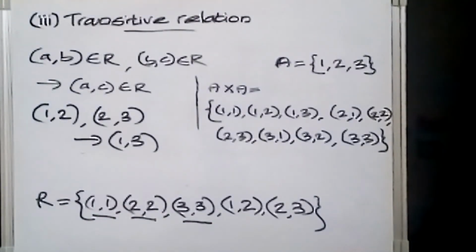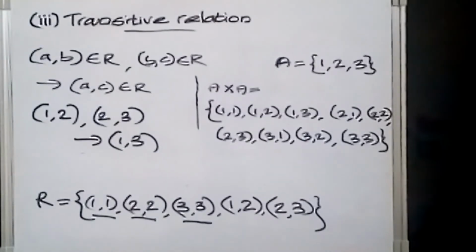Is the relation symmetric? It is not symmetric because whenever 1 is related to 2, (1, 2) is an element of R, but (2, 1) is not an element of R. Therefore, it is not a symmetric relation.